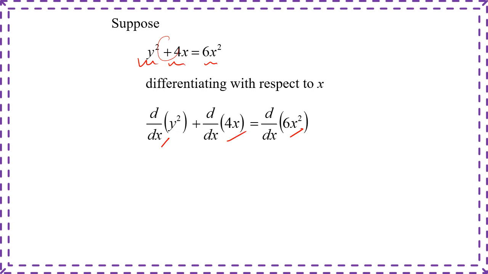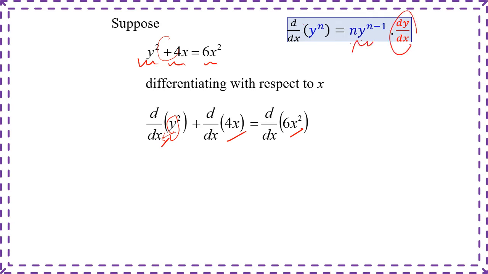Now everything here is differentiated with respect to x. To differentiate y squared, this y is not the same as x, so we have to apply the implicit formula. This is in the form of y to the power of n. So what is the formula? It will be n y to the power of n minus 1 multiplied by dy/dx.